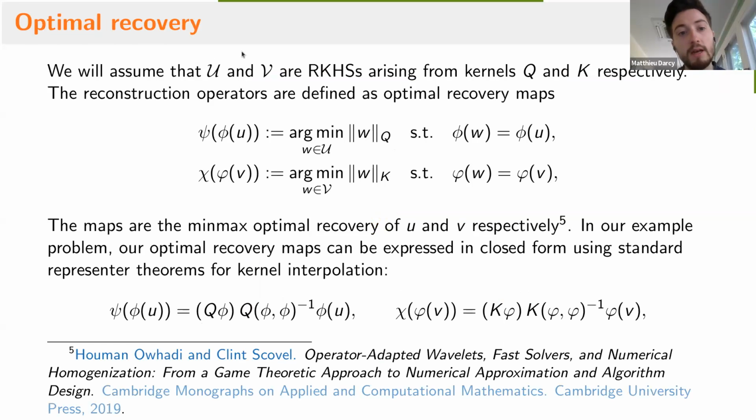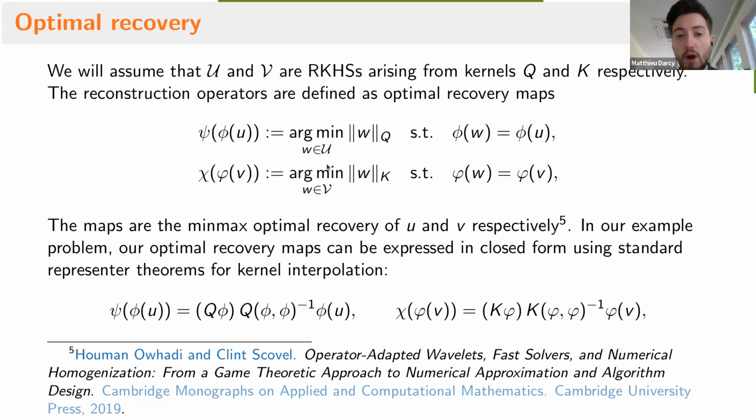So what does this mean? Optimal recovery maps are defined in the following way. It takes in this vector phi of u, which belongs to Rm. And what it does is it looks at all functions in the space U that agree with the data, meaning that if you pass w through this measurement operator phi, it agrees with the data you've been given.